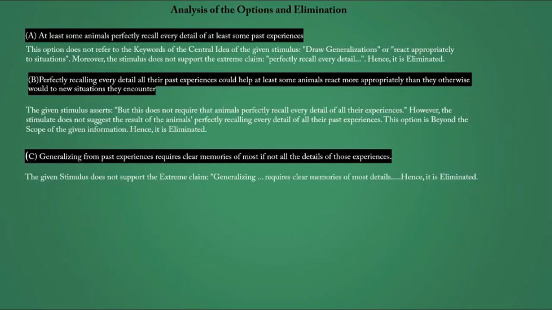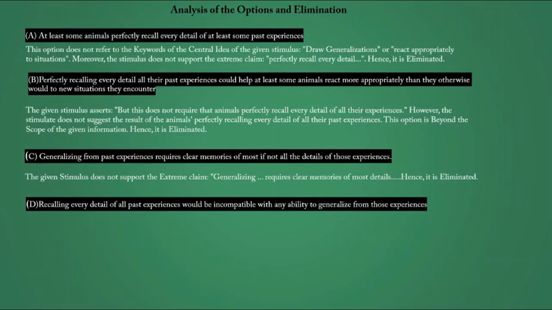Hence, it is eliminated. Option D. Recalling every detail of all past experiences would be incompatible with any ability to generalize from those experiences. This option has a new fact, that is, recalling every detail is incompatible with, so this option is also eliminated.